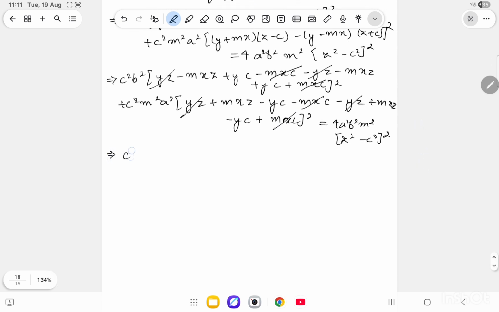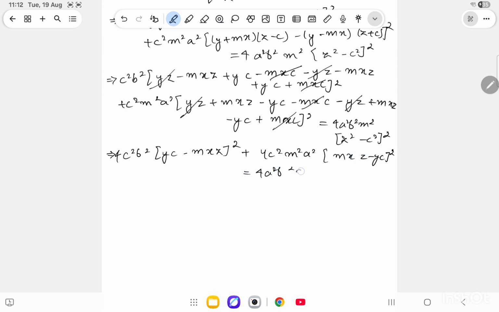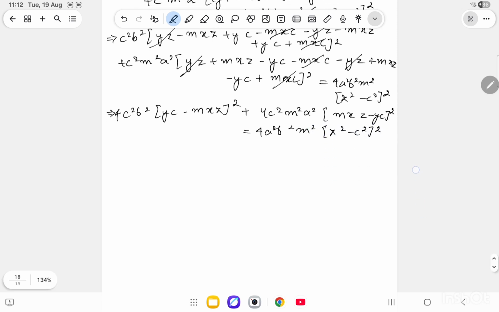So if I simplify it, I'll get c square b square times 2yc minus 2mxz, so I took 2 square outside the whole square. Likewise here, 4c square m square a square times mxz minus yc, whole square, equals 4a square b square m square z square minus c square whole square.